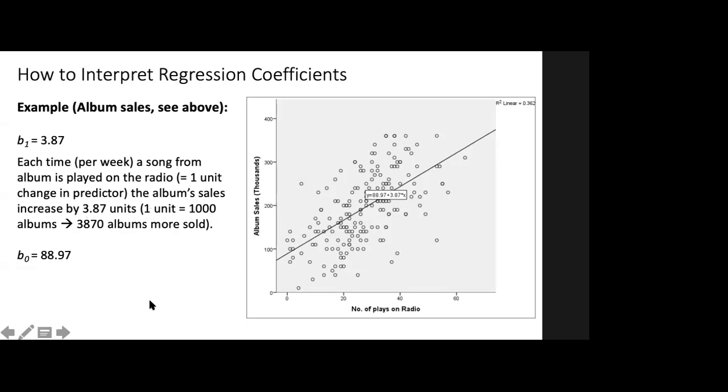And what does our intercept mean here? In this case, we actually have data for 0 times played on the radio. That means we can actually interpret our intercept.